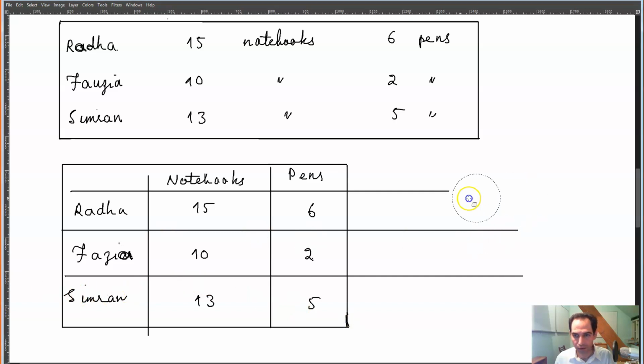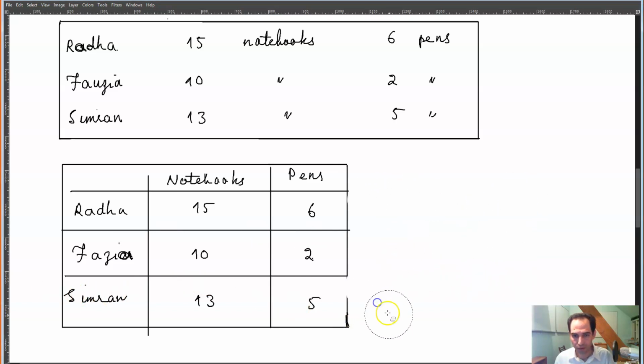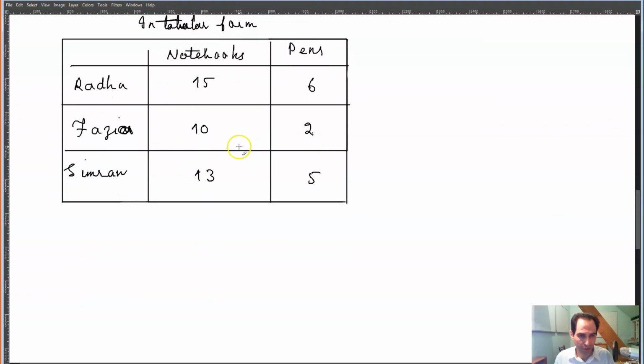Now this information which we have expressed in tabular form can be expressed as, for example, 15, 6, 10, 2 and 13, 5.